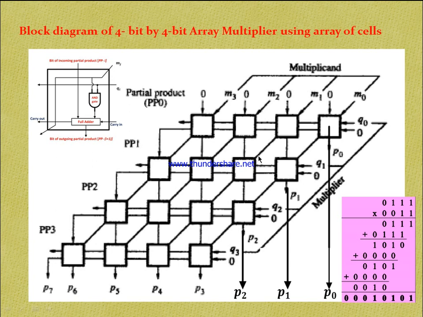So these are the 4 inputs, and depending on them, the result of this cell is obtained. In this way we will get P2, P3, P4, P5, P6 and the last P7. This is the way the array multiplier works. I think it is quite understandable.